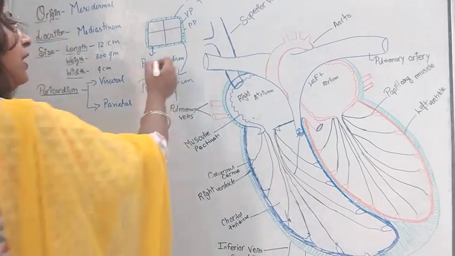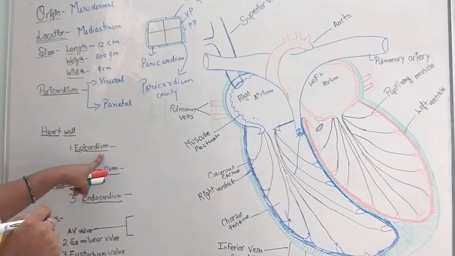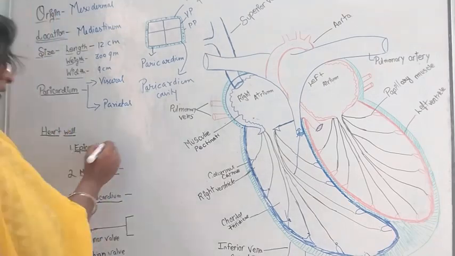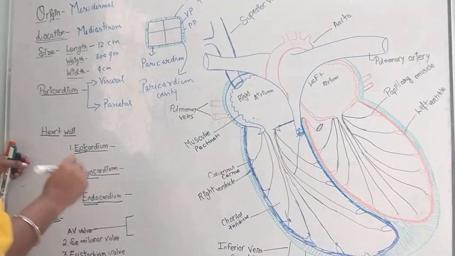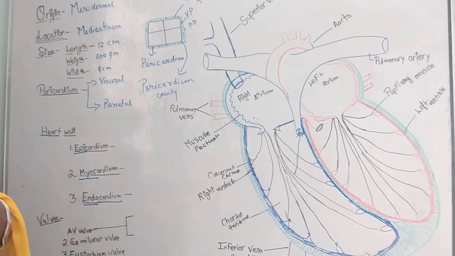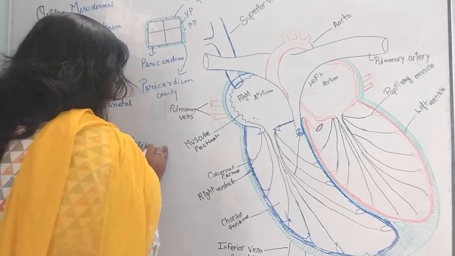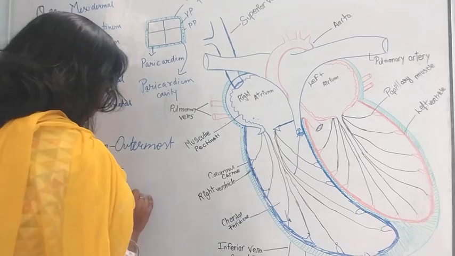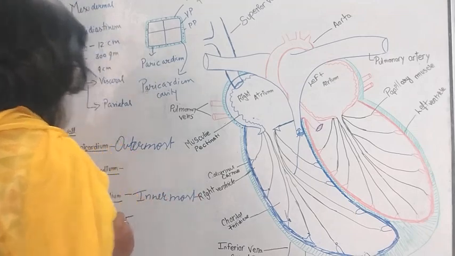Now come to the heart wall. The heart wall is divided into three main layers: epicardium, myocardium and endocardium. Epicardium is the uppermost, outermost layer of the heart wall. Endocardium is the innermost layer of the heart wall.